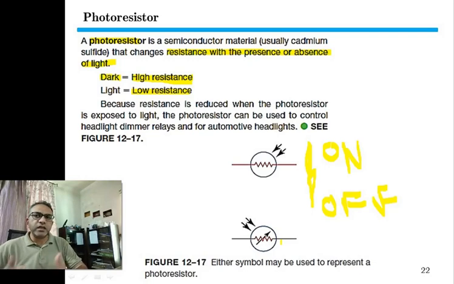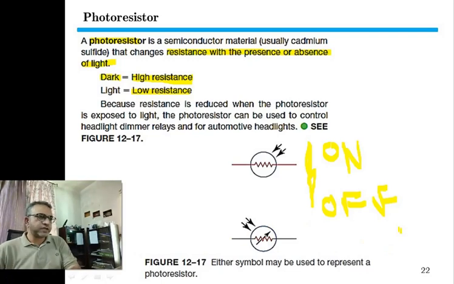As we increase the intensity of light, the resistance of the photoresistor decreases, and the current increases gradually, because V is equal to I into R, simple Ohm's law. So this second symbol represents our variable resistance implemented using a photoresistor.